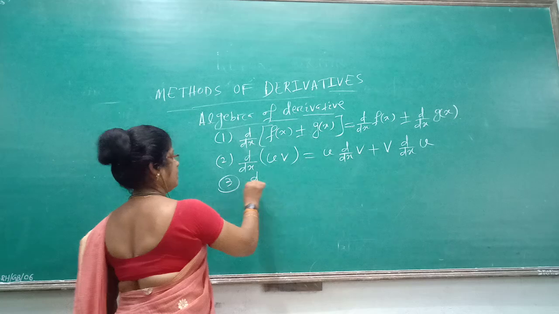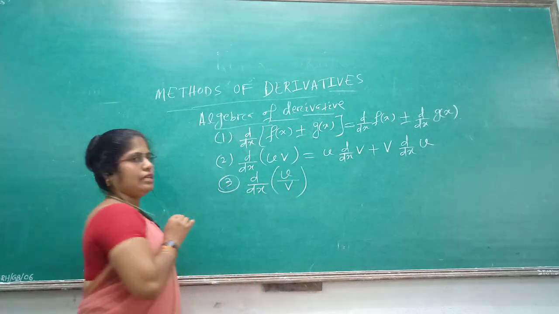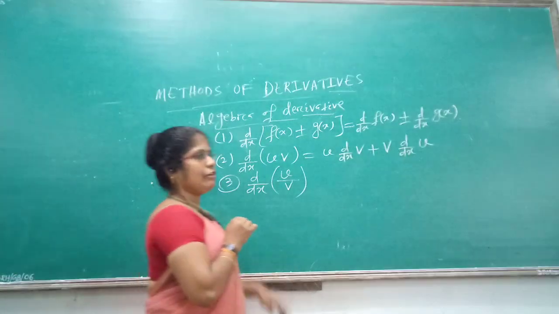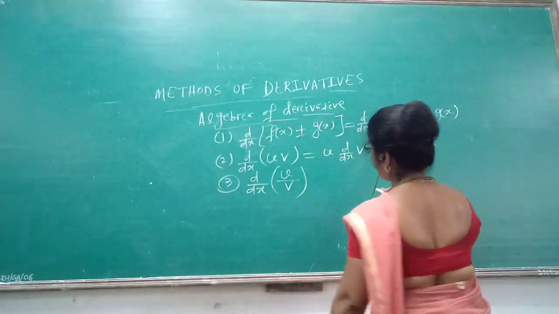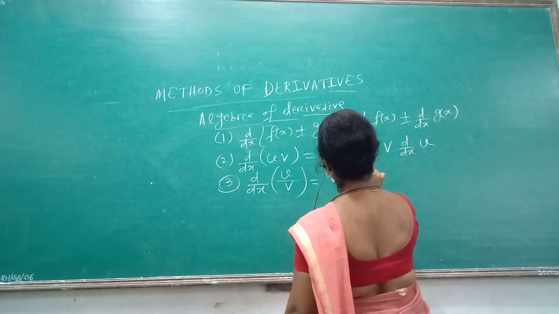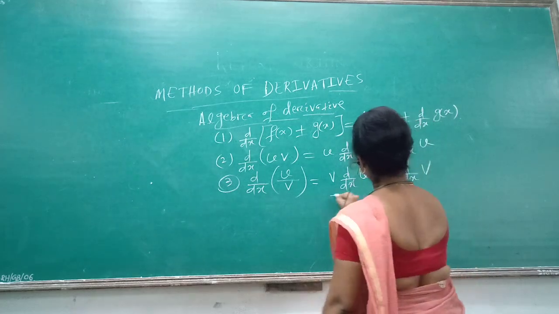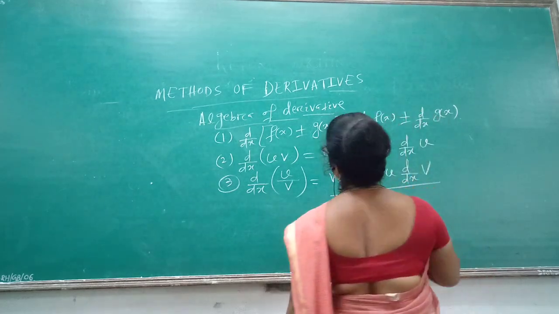Last is division. If two functions are divided, then the derivative can be obtained by using the formula v into derivative of u minus u into derivative of v, whole divided by v square.